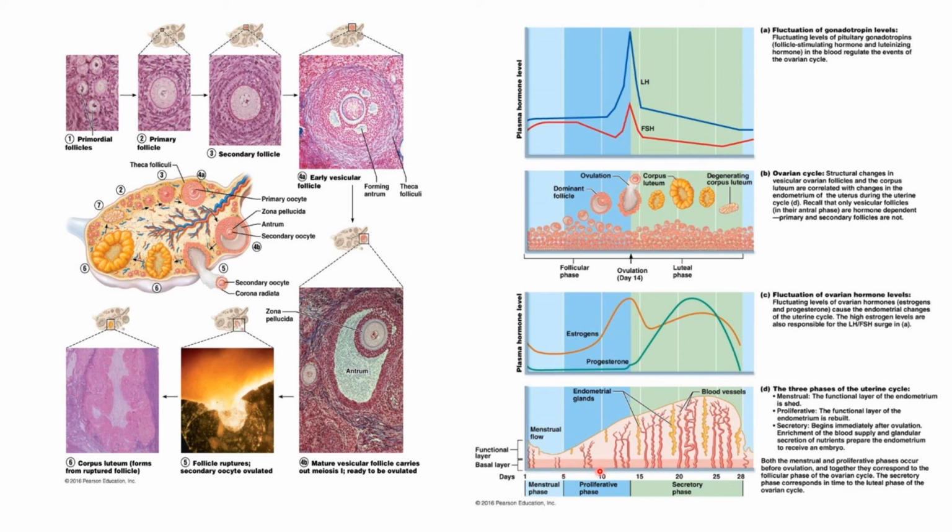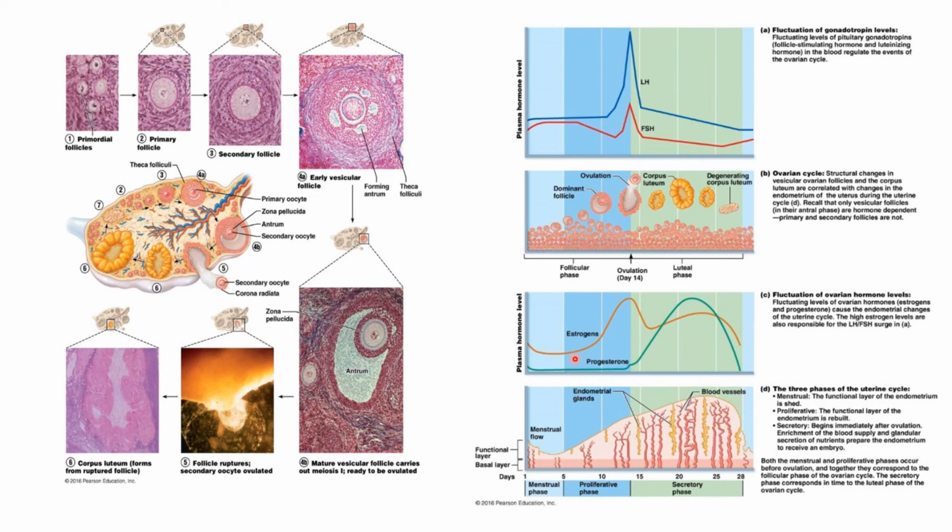Now, day 6 to 14 is going to be the proliferation phase. The reason it's called proliferation is that during that time, the follicles are growing.